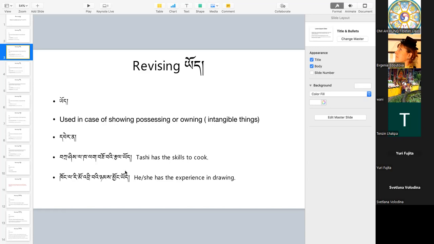So therefore, these are confirmation of possession. Intangible, yes, intangible object, but still confirmation of possession of the intangible. So the difference is takpa and ngawa. Like I have written, one is ngawa, which talks about things which are possessed, but those things are intangible.